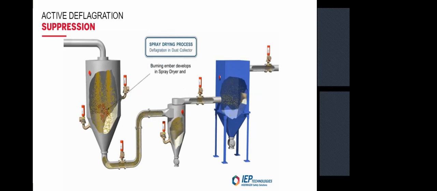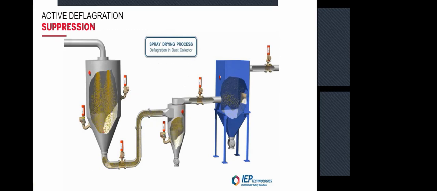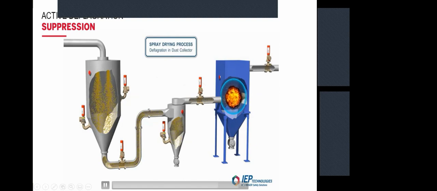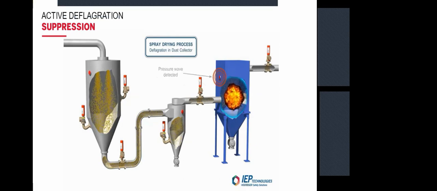Embers that do not ignite in the dryer or cyclone may pass along to the dust collector. When detectors become aware of building pressure within the dust collector, they activate the suppression system, setting off the isolators and interlocks.